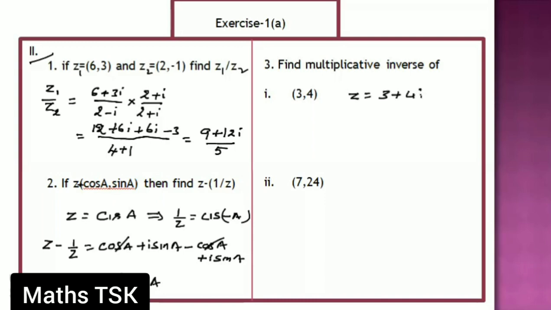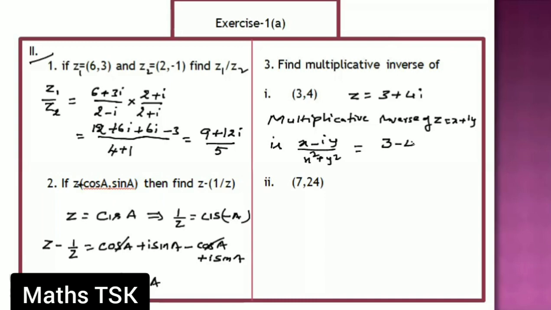The multiplicative inverse of z, where z is equal to x plus iy, is x minus iy by x square plus y square, which is nothing but 3 minus 4i by 9 plus 16. So 3 minus 4i by 25.